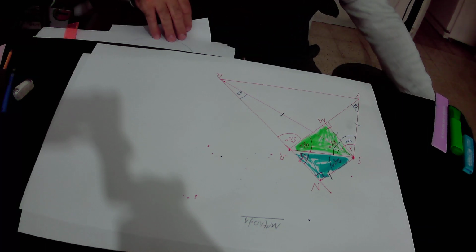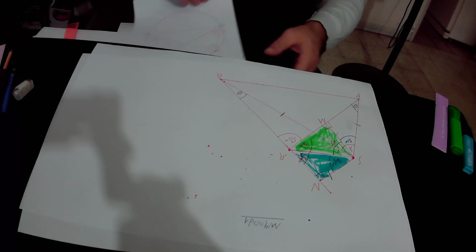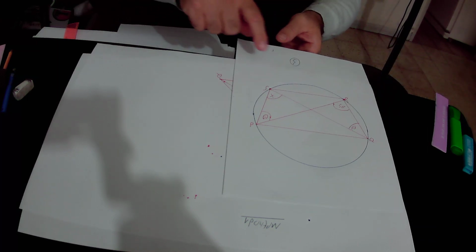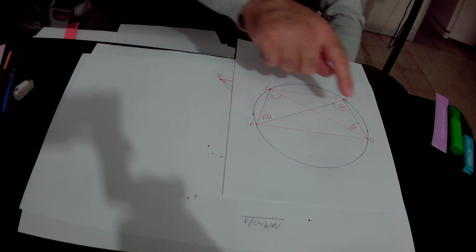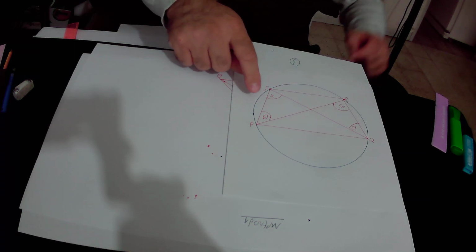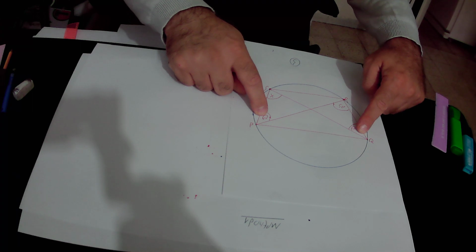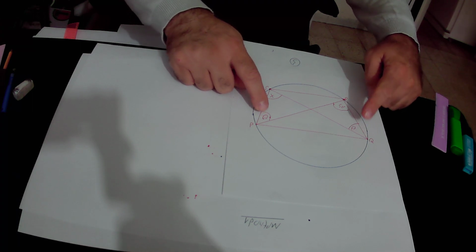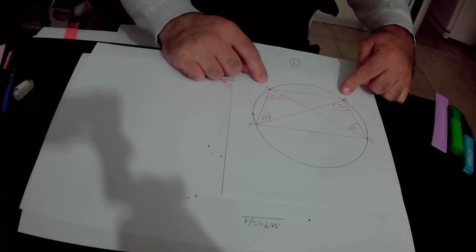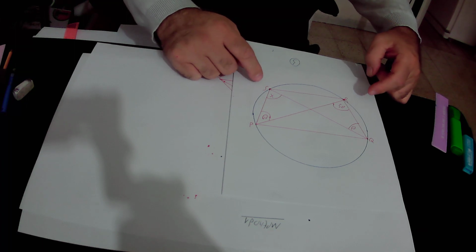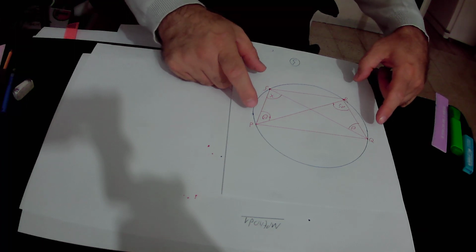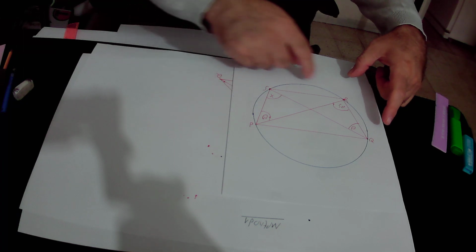Why? Because those two equal angles subtend the same line segment. Therefore, points S, R, P and Q lie on this circle.